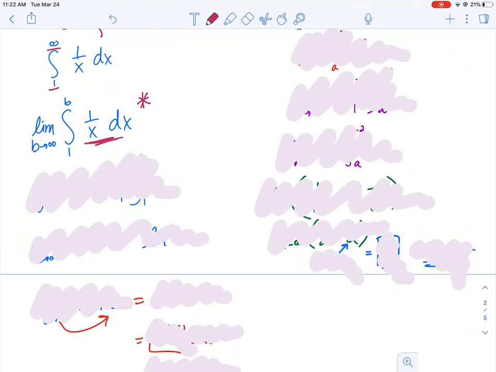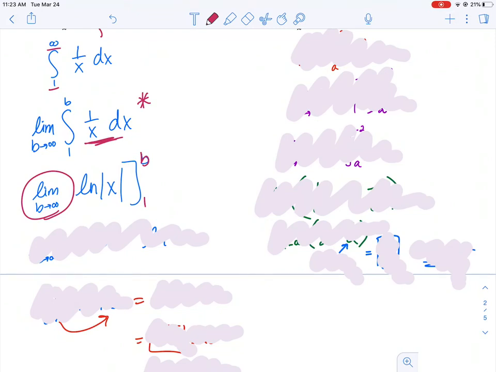Be careful: if you called it x to the negative 1 and added 1 to the exponent, your new exponent is 0, and I hope you didn't divide by 0. That should have been a red flag. Remember that the antiderivative of 1 over x is the natural log of x, still evaluated from 1 to b.